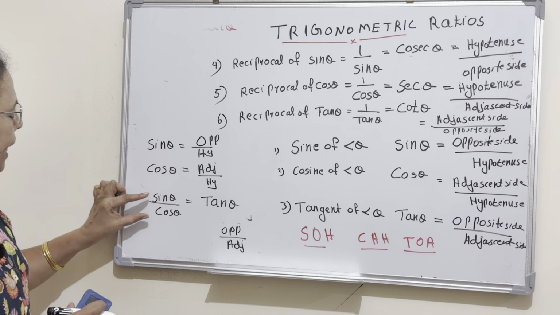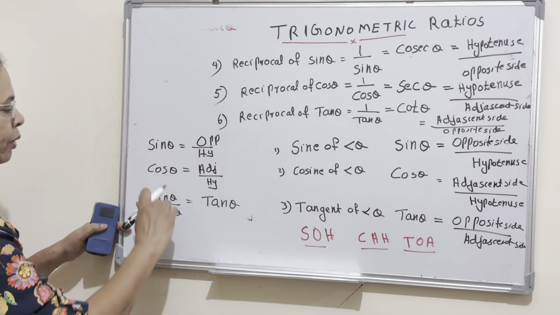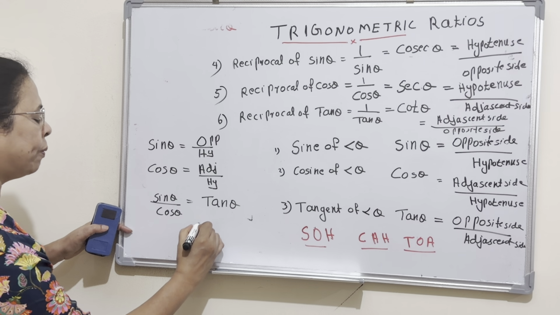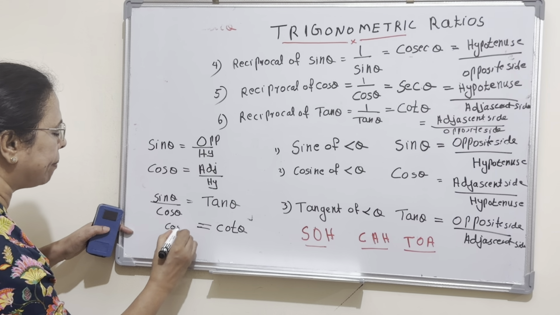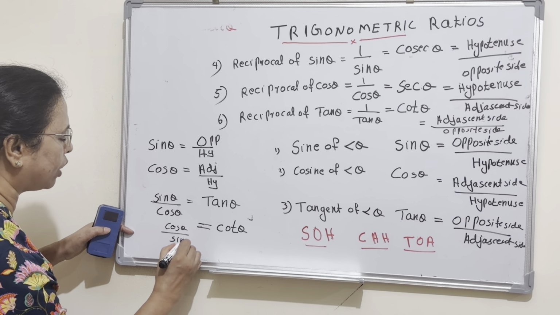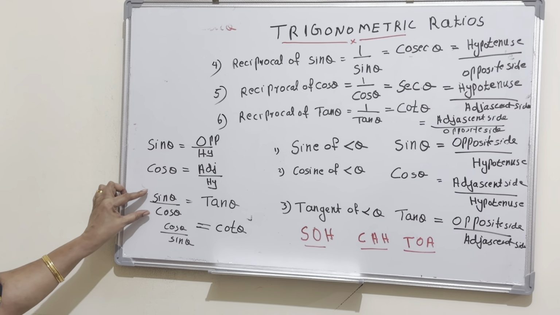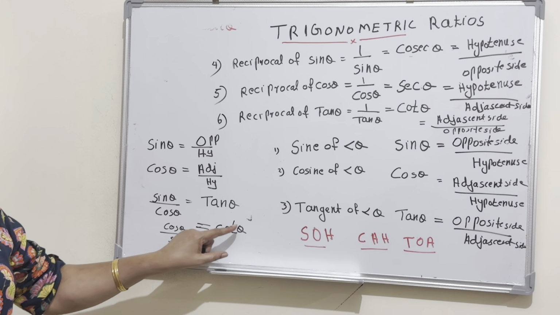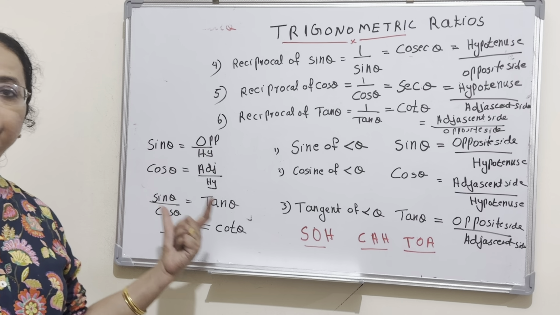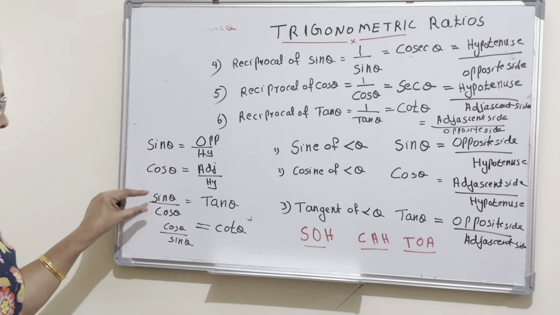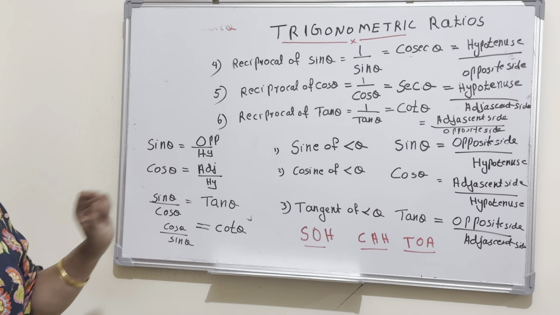So if sin theta by cos theta is equal to tan theta, the reciprocal of tan theta should be cot theta, which is cos theta by sin theta. The denominator goes up. So again we can make two more ratios: sin theta by cos theta is equal to tan theta, as well as cos theta by sin theta is equal to cot theta.